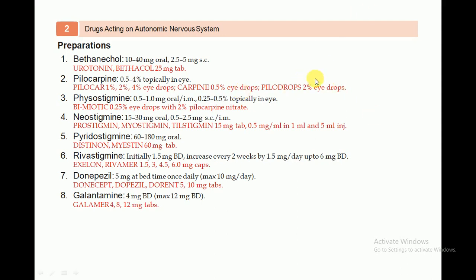Pilodrops is another brand name, available in 2% eye drops, which can be administered directly in the eye by the ophthalmic route.